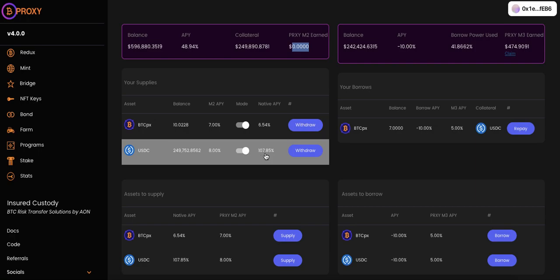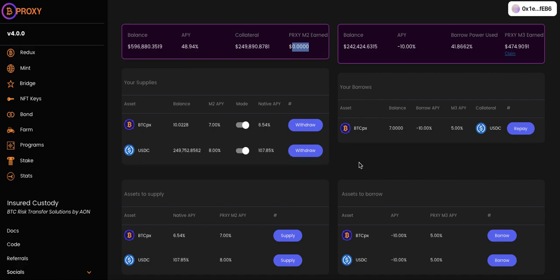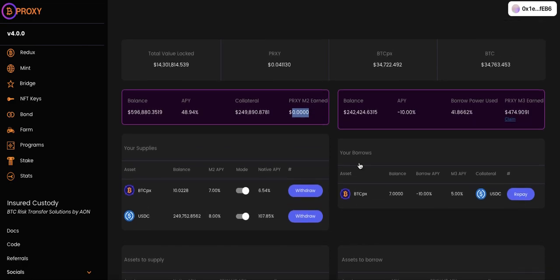And if it decreases to the point where it's so small, the users can opt to receive proxy at mode 2 APY, which in turn reconcentrates that interest to a smaller supply. And that's a summary for Redux.